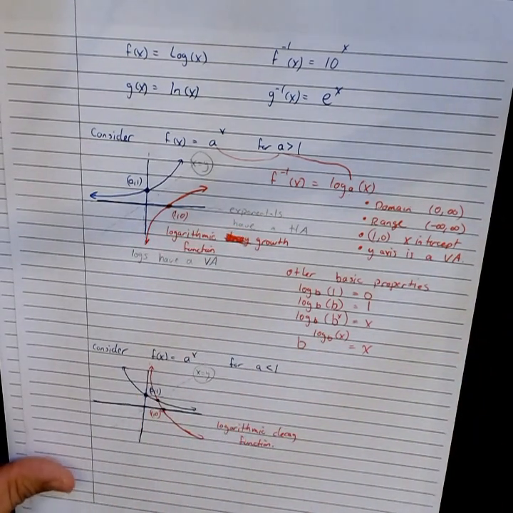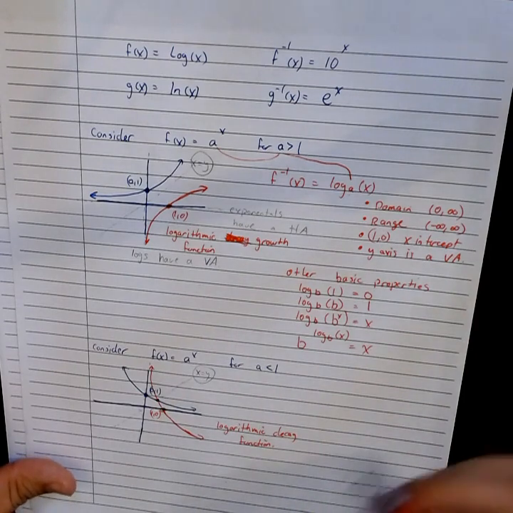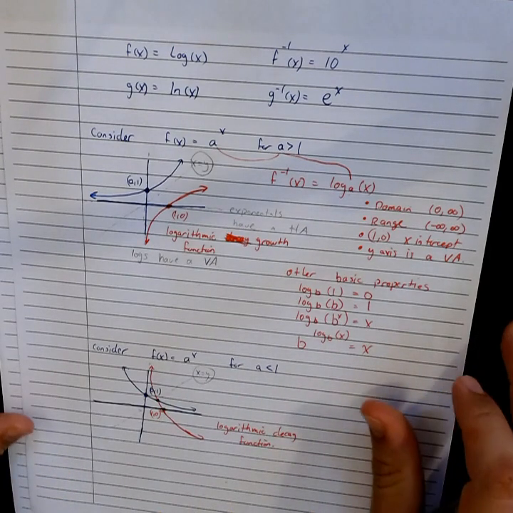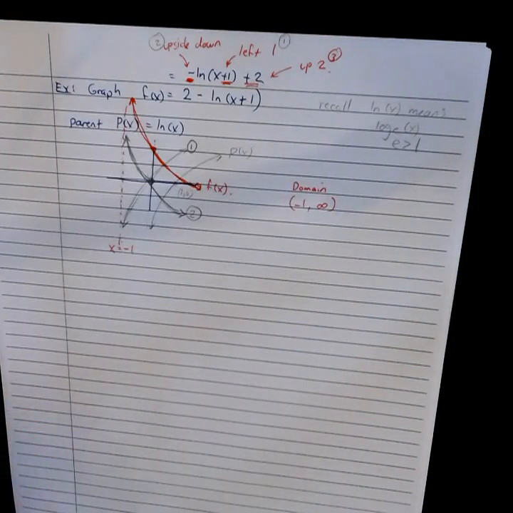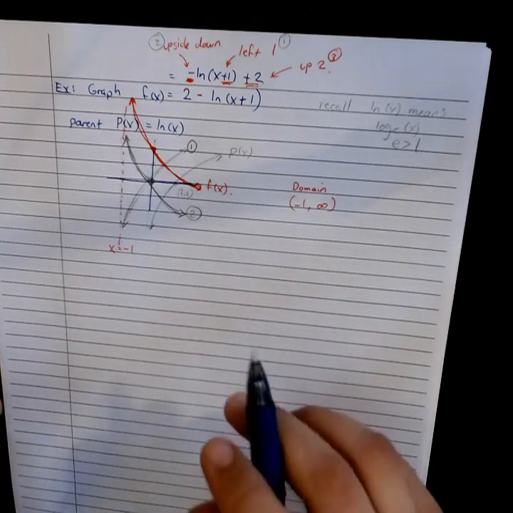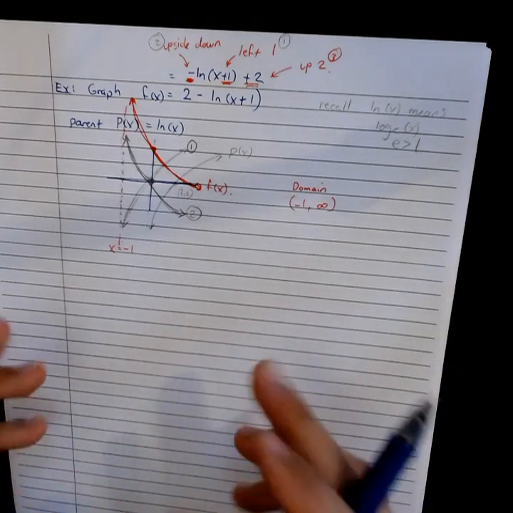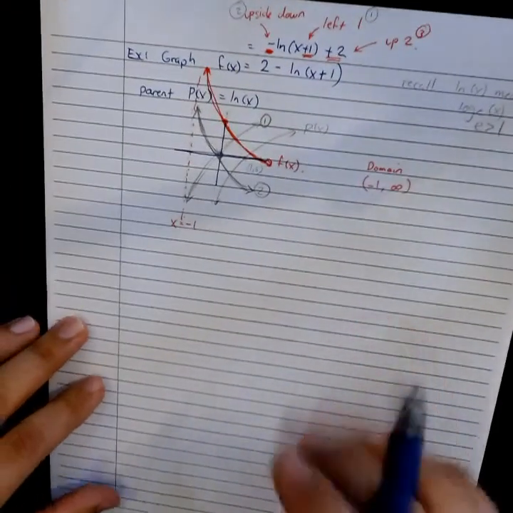What that means is that the x values of a logarithmic function must be greater than 0. Well, yeah, but then if I have some function, that means the argument, the stuff that gets plugged into the logarithm, must be greater than 0.